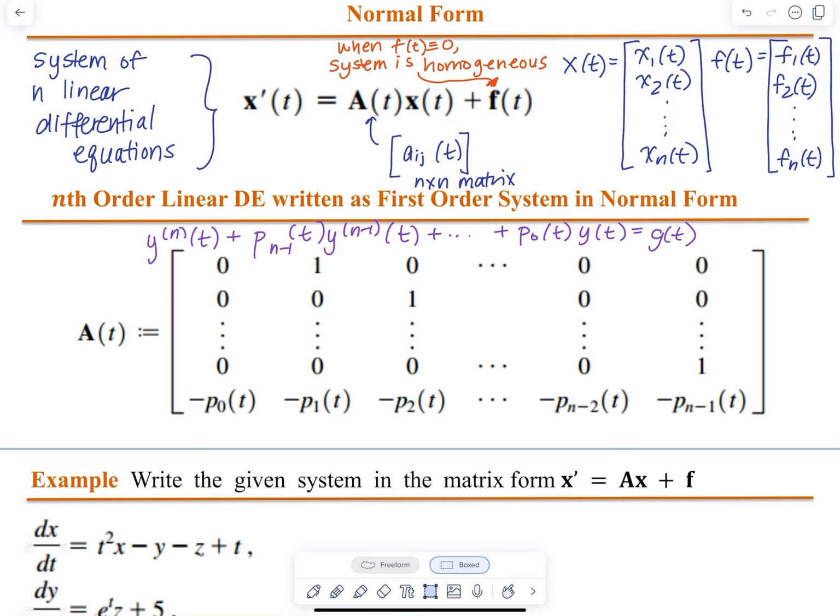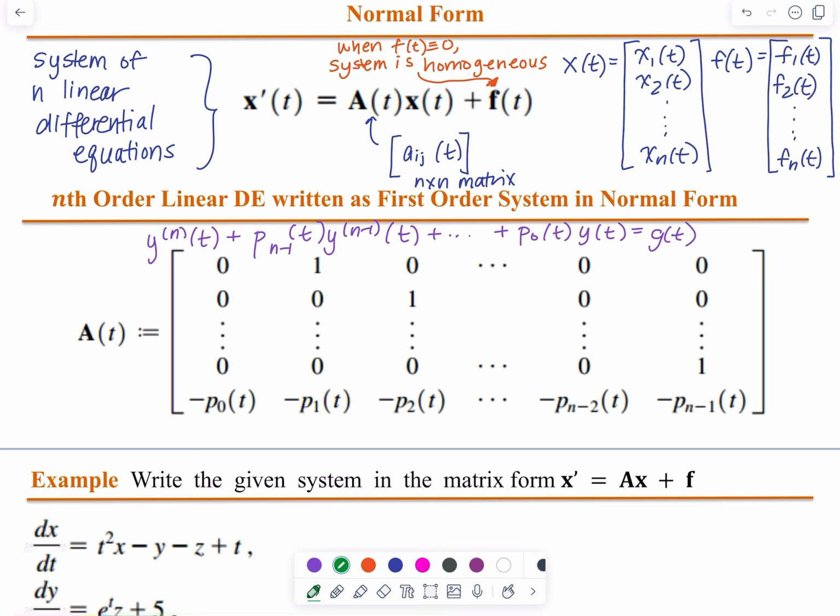We wrote this as a first order system in normal form, and we substituted x1 of t for y of t, x2 of t for y prime of t, and so on and so forth.